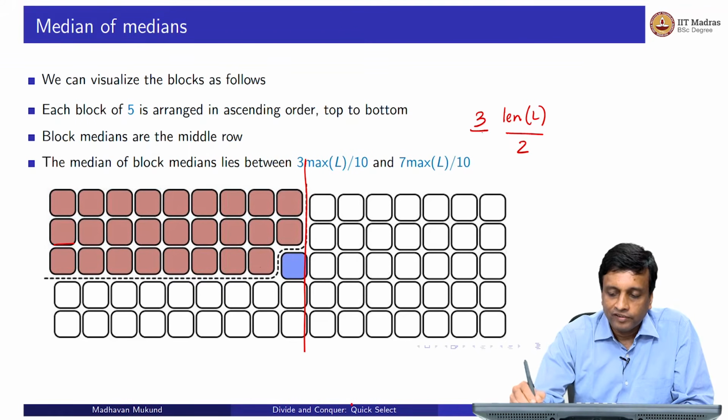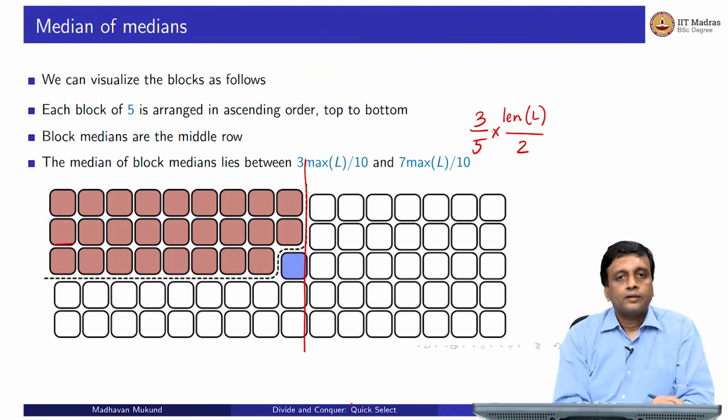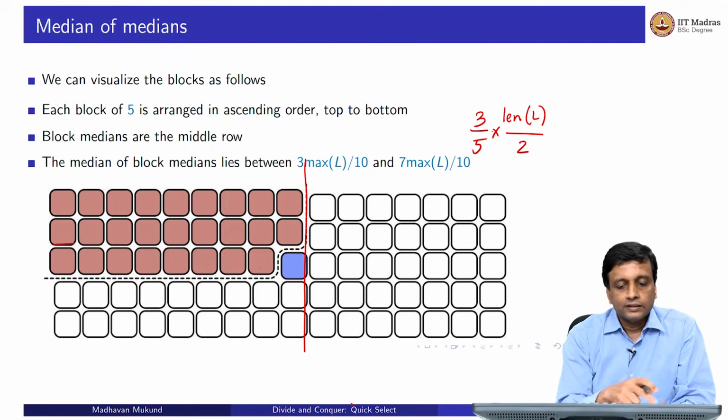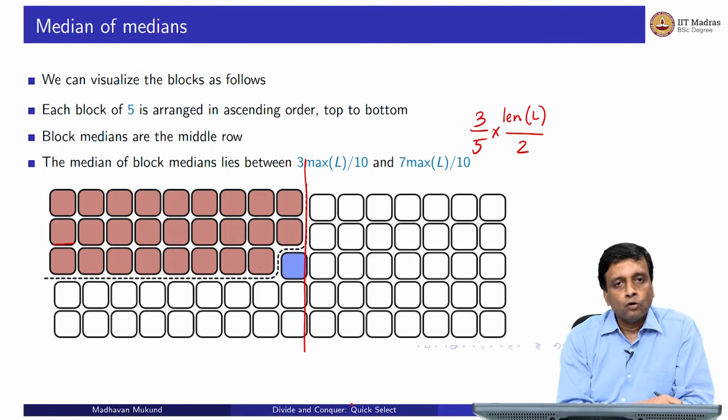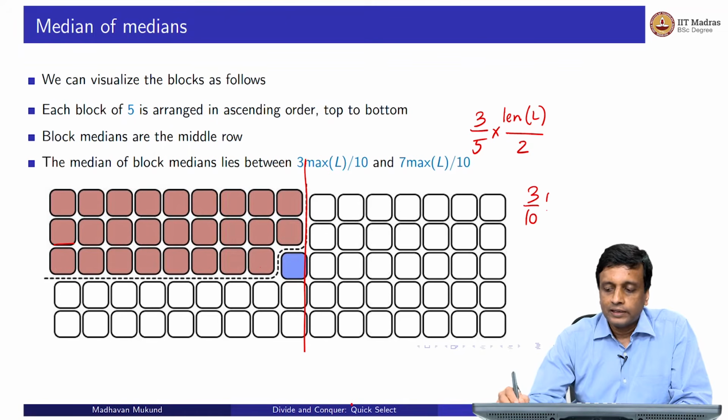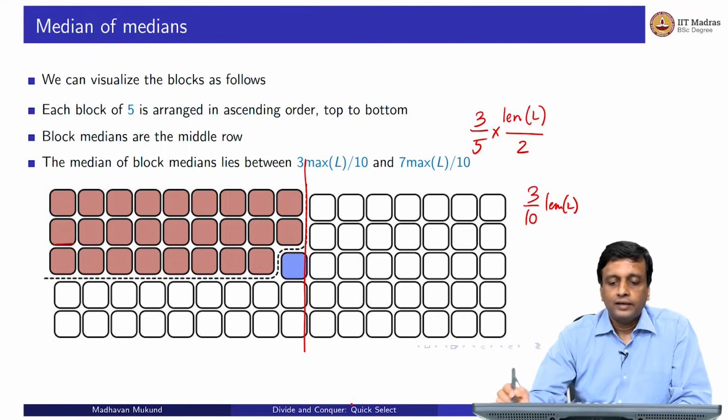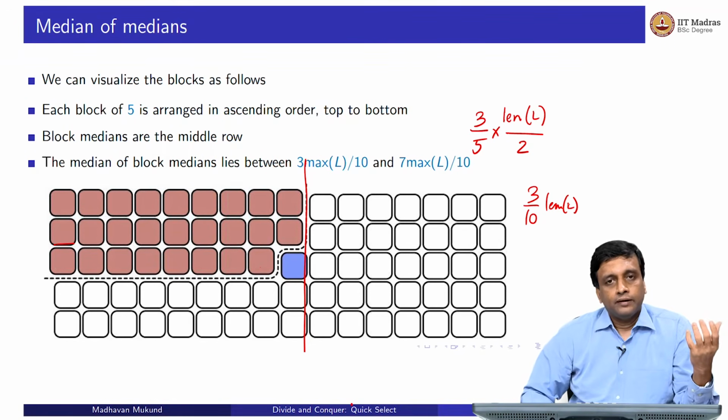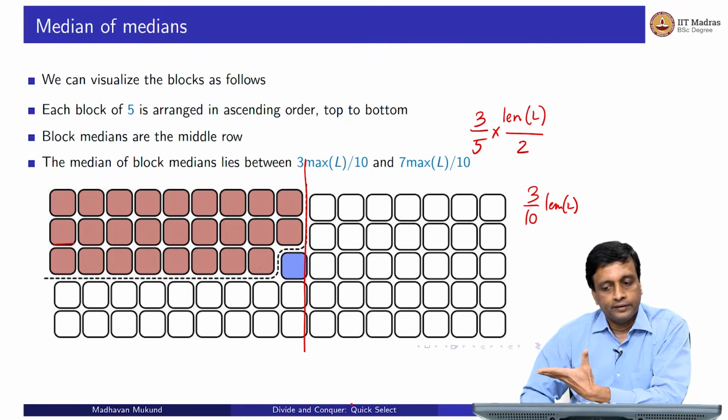So the number of things in the brown region should be 3 by 5 times L by 2, which is 3 by 10 times the length L. So at least 3 by 10 of the elements are smaller than this median, and at least 3 by 10 are larger than the median.